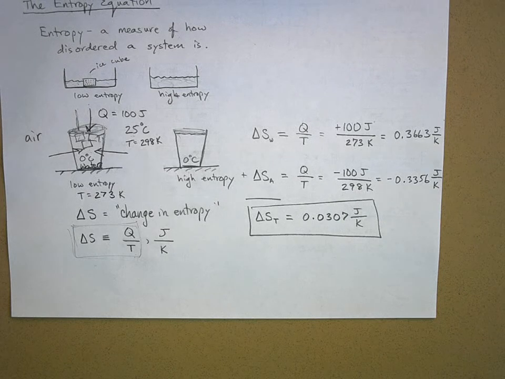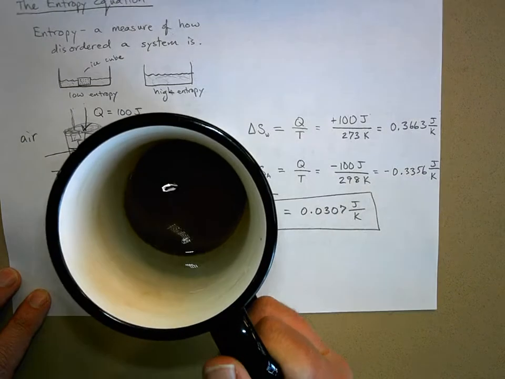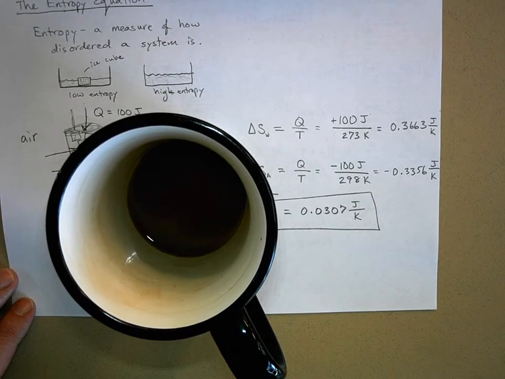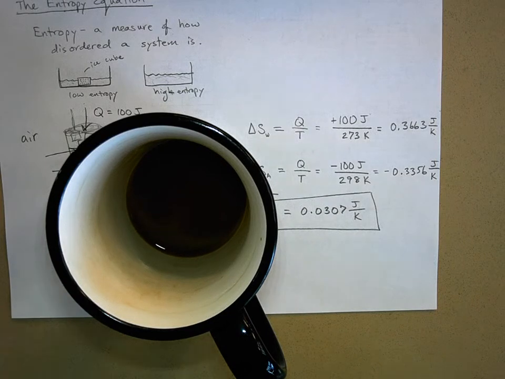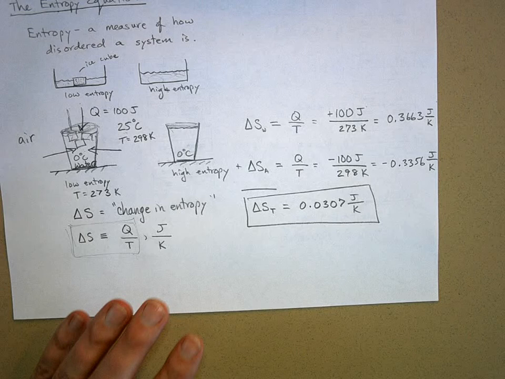I mean, you'll never have a situation where my hot coffee gets hotter spontaneously. What does it do spontaneously? It always gets cooler until it reaches thermal equilibrium with the environment. Heat always flows from high to low temperature.